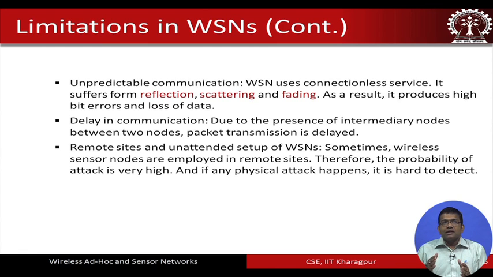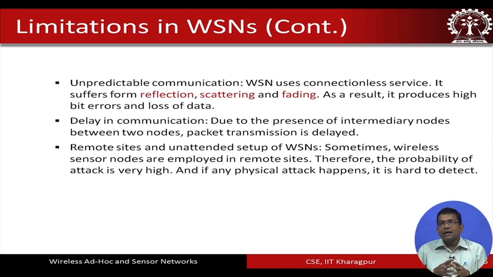The third is the remote site and unattended setup of wireless sensor networks. Typically the nodes are unattended, they are not manned by anybody, and additionally these nodes are deployed at remote sites for remote continuous monitoring, etc., and because of this the probability of attacks basically increases.